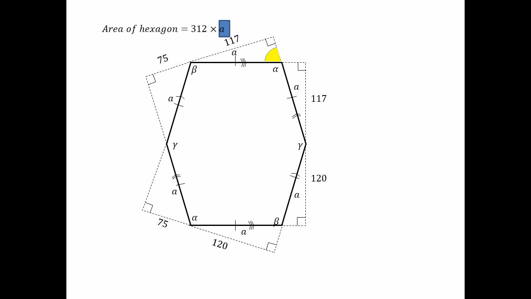Now this angle will be 180 degrees minus alpha. This angle will be 180 degrees minus gamma, and this angle will be 180 degrees minus beta.